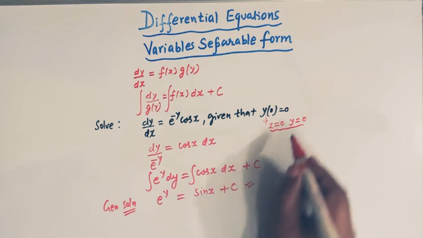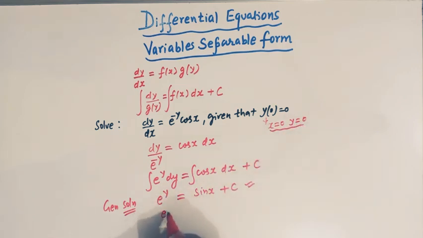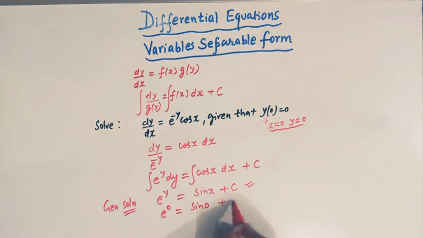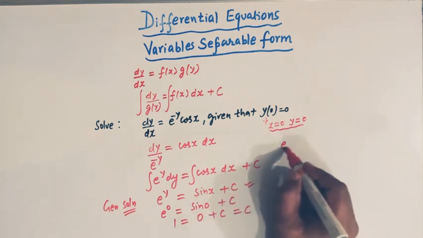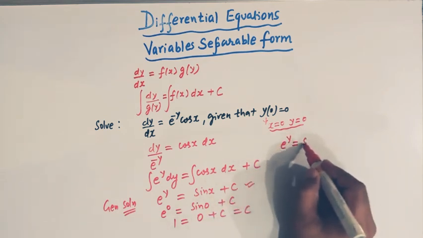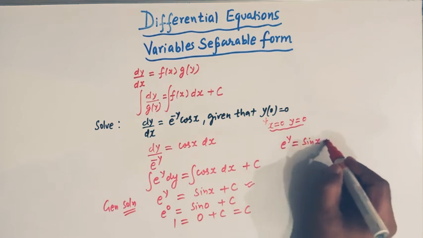Now let us substitute these values to get the value of c here. So when x is 0, y is 0. So here we have e raised to 0 equals sine 0 plus c. e raised to 0 is 1, sine 0 is 0, plus c, and that is c. So the value of c is 1. Substituting it here, we have e raised to y is equal to sine x plus 1.